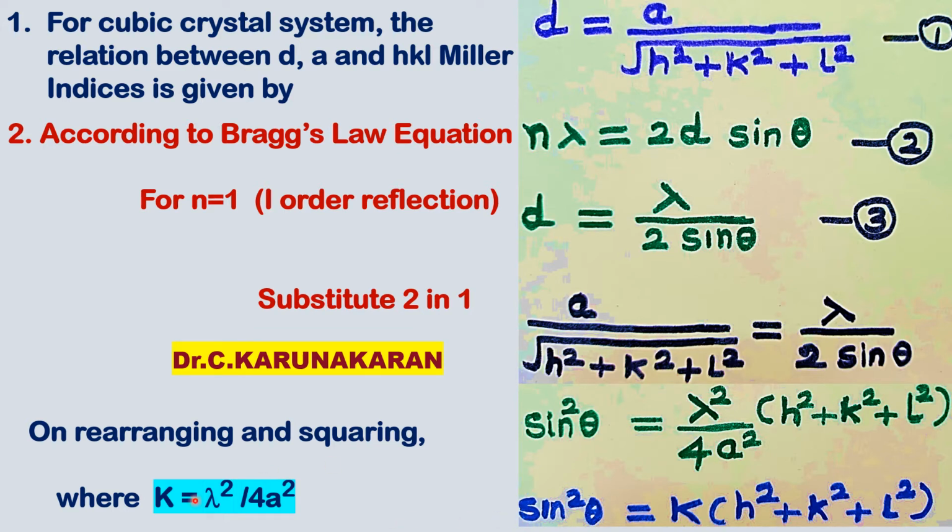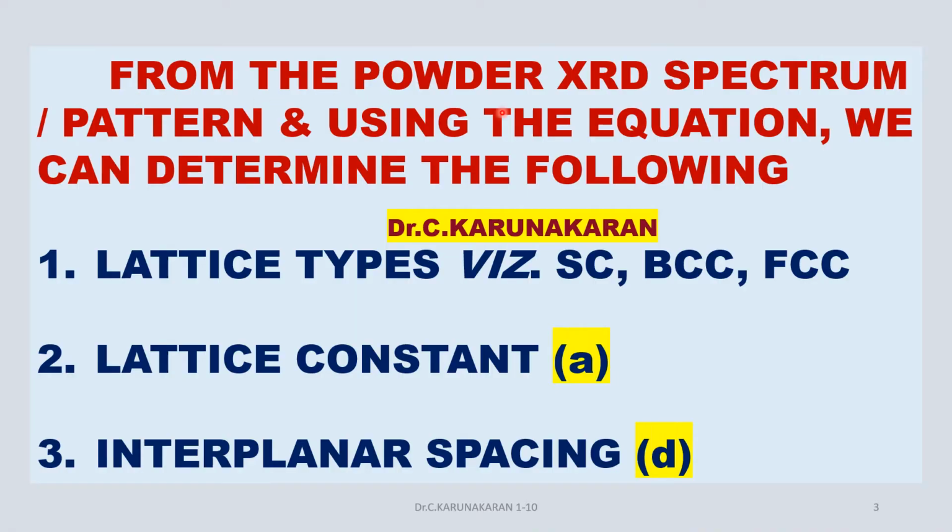So k equal to lambda square by 4a square. Therefore, sine square theta equal to k into h square plus k square plus l square. From the powder XRD spectrum and using the above equations, we can determine the following: lattice types, lattice constant, and interplanar spacing.